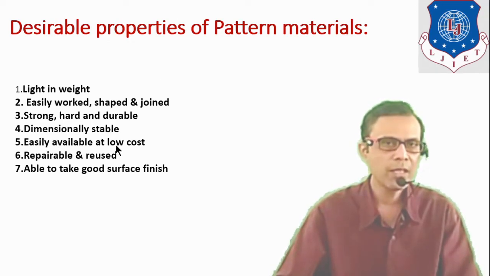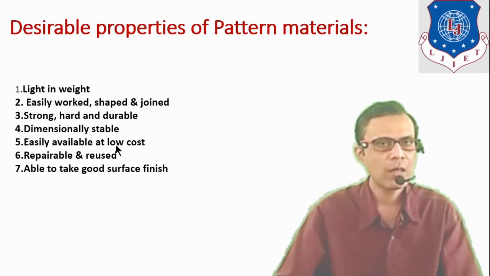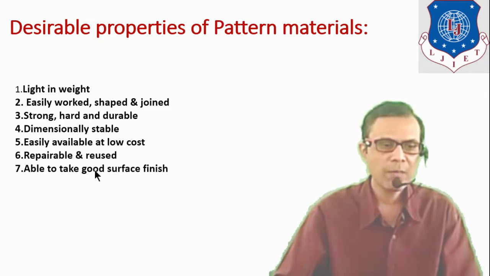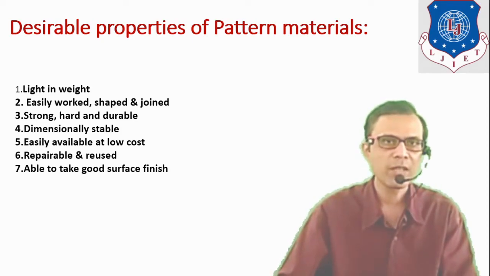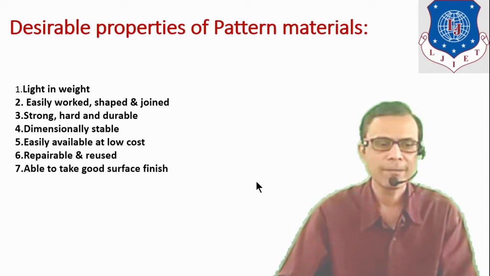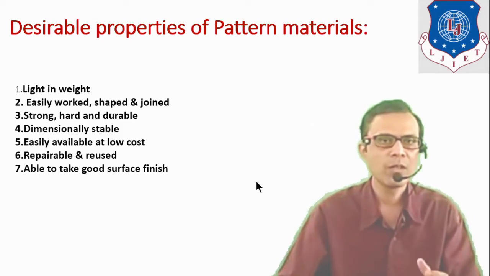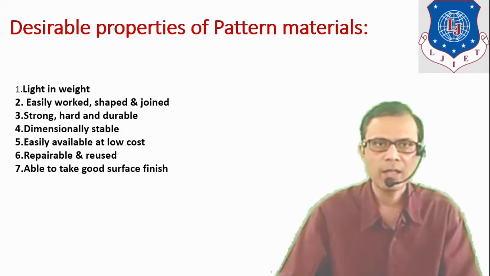It should be easily available and at a low cost. It should be repairable and reusable and we can provide good surface finish to the pattern material. So these are the desirable properties of pattern material.